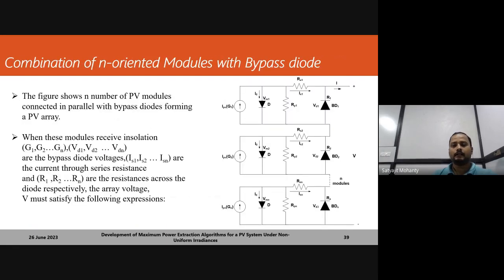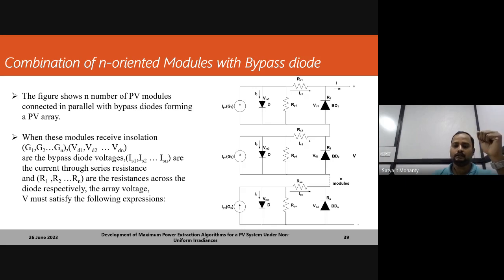Now, in the first few slides I discussed the single diode model. You can see I have connected 3 different single diode models in series. So 3 sets of diode modules having different insolation levels, G1, G2, G3, have been connected.